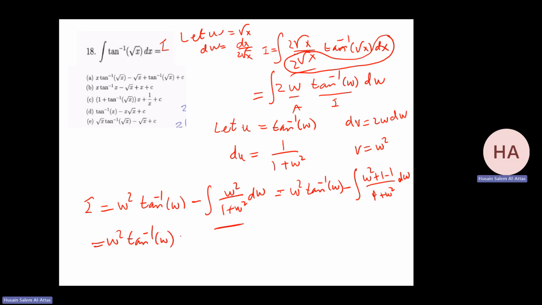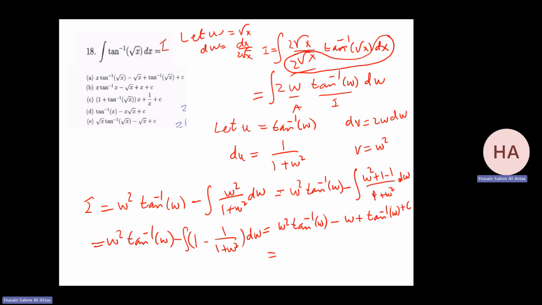This is w squared plus 1 over w squared plus 1. That will be integral 1 minus 1 over 1 plus w squared dw. That will be w squared tan inverse of w minus w, minus minus, that will be plus tan inverse of w plus c.